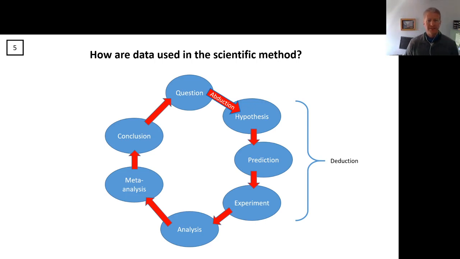And what a meta-analysis means is you want to pull your data together with previous experiences of previous researchers, in terms of looking at other papers, to be able to say how your particular experimental results fit in the larger theory of what you're studying and what broader conclusions you can make from that work.